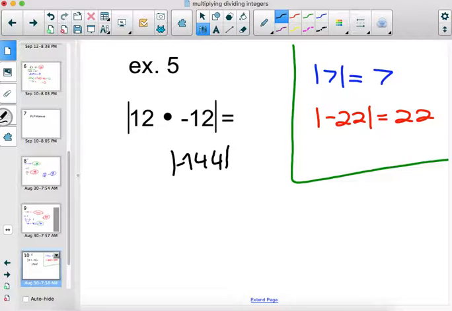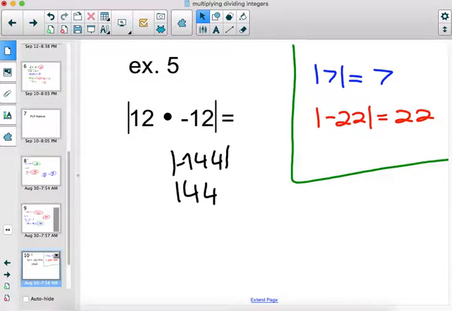Good. So the absolute value of -144, I forgot to sign it, would actually equal +144. So if we want to think about our work going down, this is our answer.